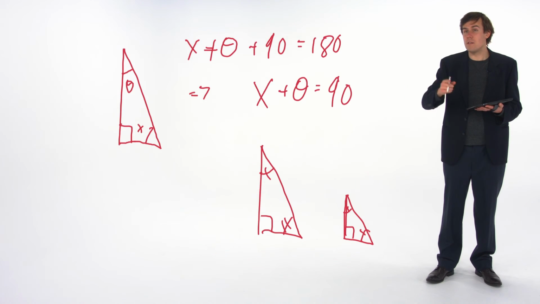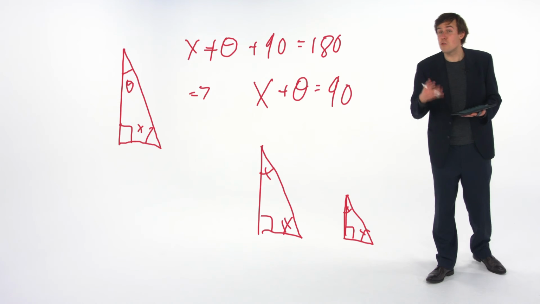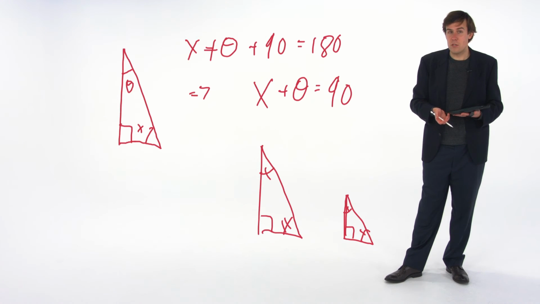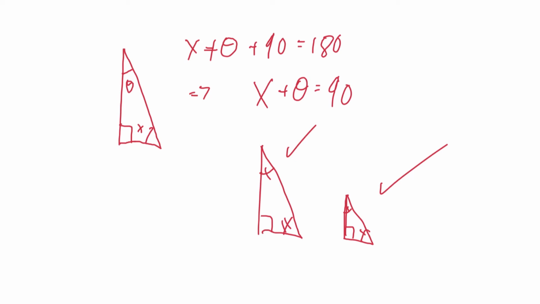Then the ratios of the side lengths will also be constant. So the trigonometric functions, which are defined as ratios, are independent of which triangle I use. I can use this one, or I can use this one, because I don't care about the actual side lengths. All I care about is the ratio of the side lengths. Having said this, now let's actually introduce the definitions of the trig functions.